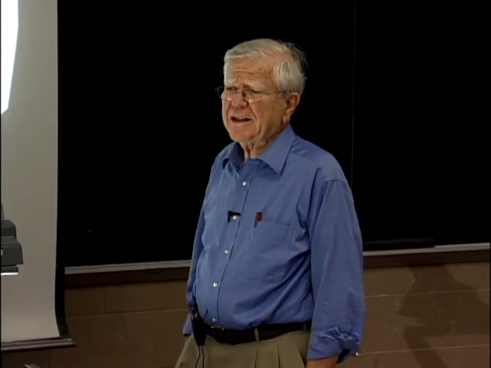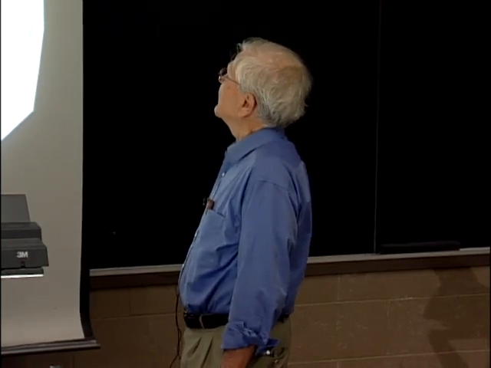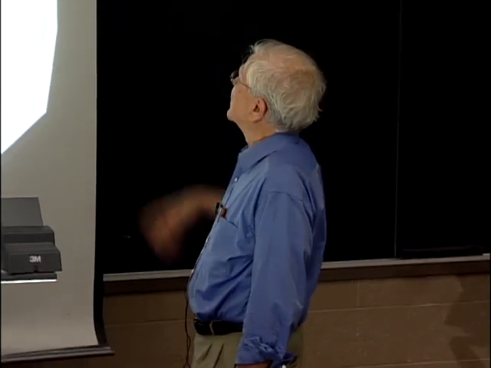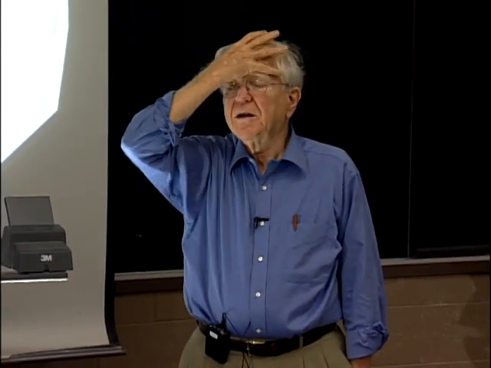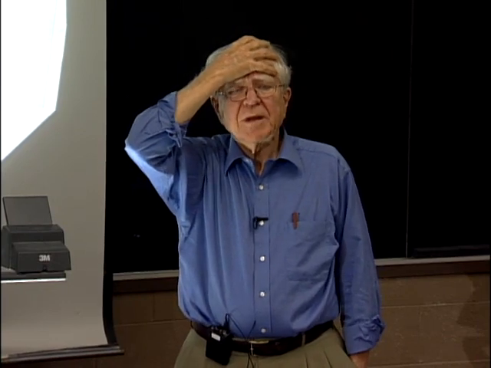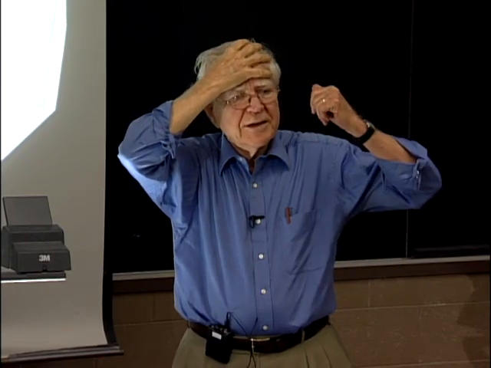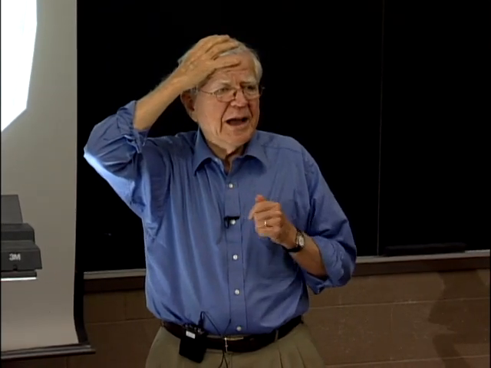There's a confusing thing here. If you receive u of t at the receiver, and your question is, how do we get this sequence of samples u sub k out of it?